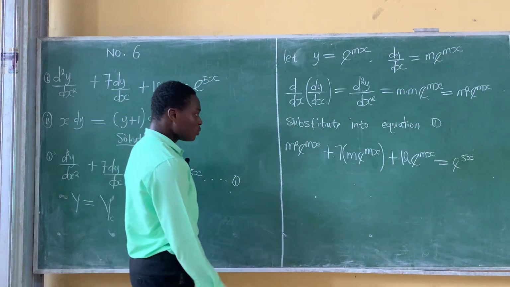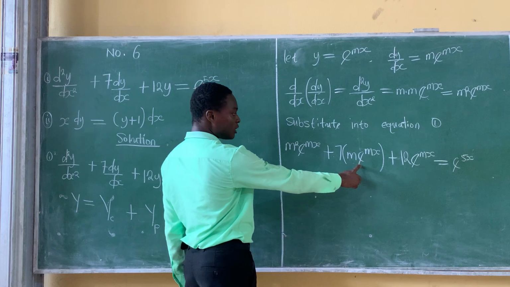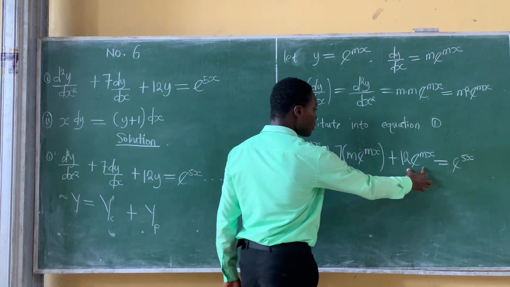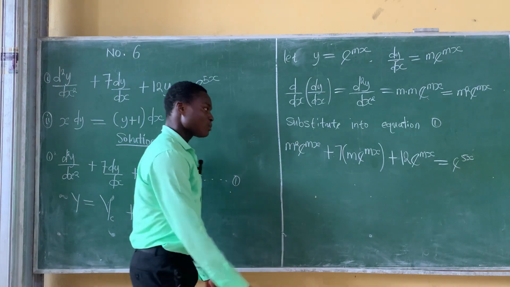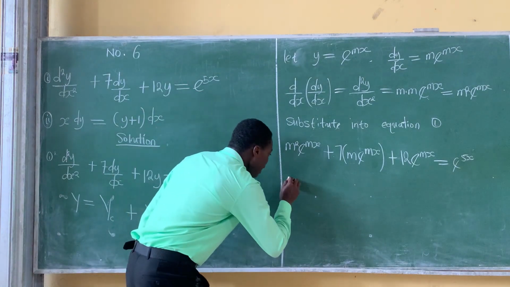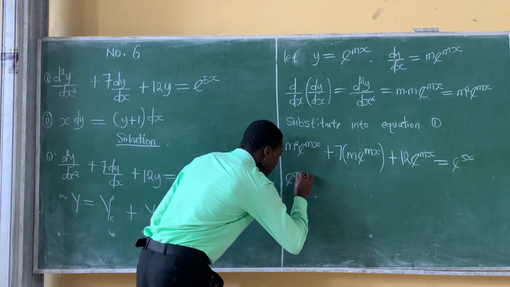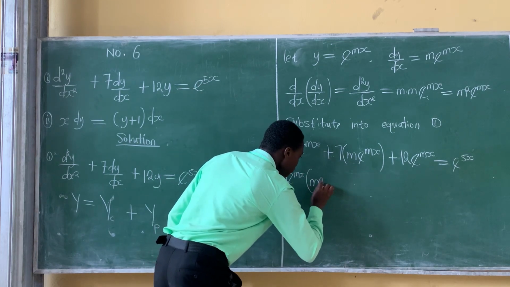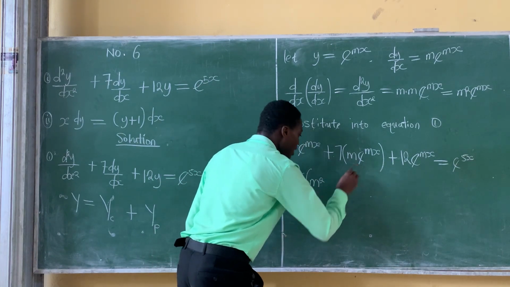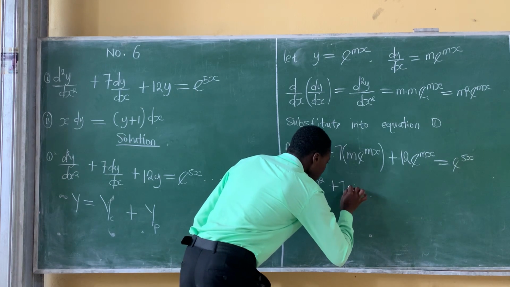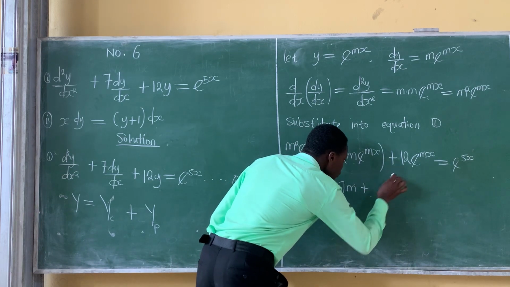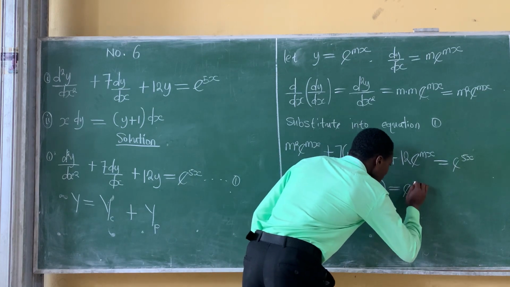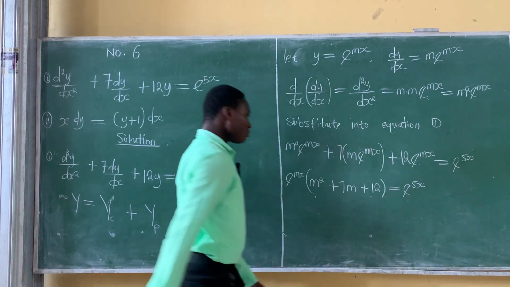The next thing we want to do is, since we have e^(mx) in every term, we can easily factorize e^(mx). What we have is e^(mx) times (m² + 7m + 12) equal to e^(5x).